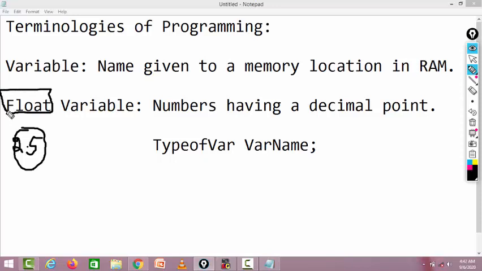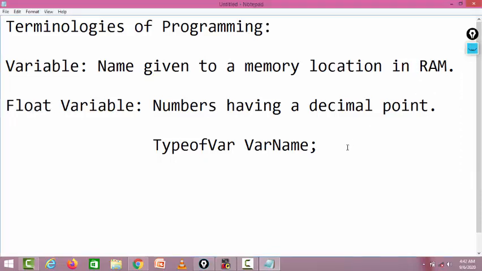As we know that a float variable stores the numbers having a decimal point, having mantissa. So for that I have to declare a float variable, float, and I would give a space, and the name of that variable I have assigned b. Now I want to store 2.5 semicolon.